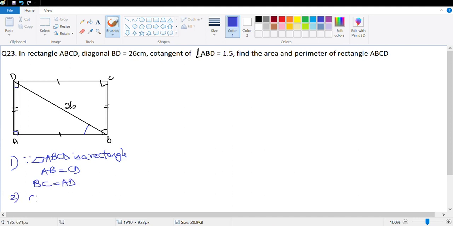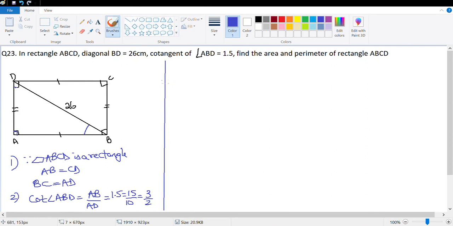Next, cot of angle ABD. Cot is reciprocal of tan, which means base upon hypotenuse, which is AB upon AD. And this is given equal to 1.5, which is 15 upon 10, which is 3 upon 2.